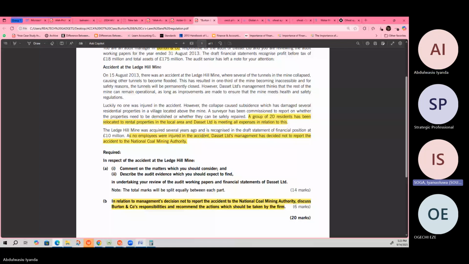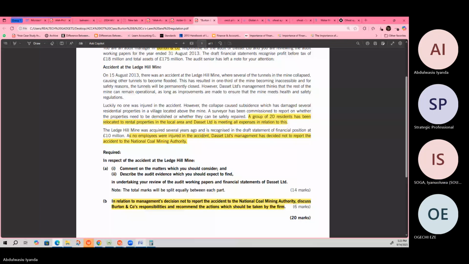I'll say they have poor internal control. I mean, the management's responsibility is to ensure that there is a sound internal control in place. So for there to be an accident in the first place, I mean, there actually could be an accident, but if the necessary internal controls were in place, the accident could have been avoided.